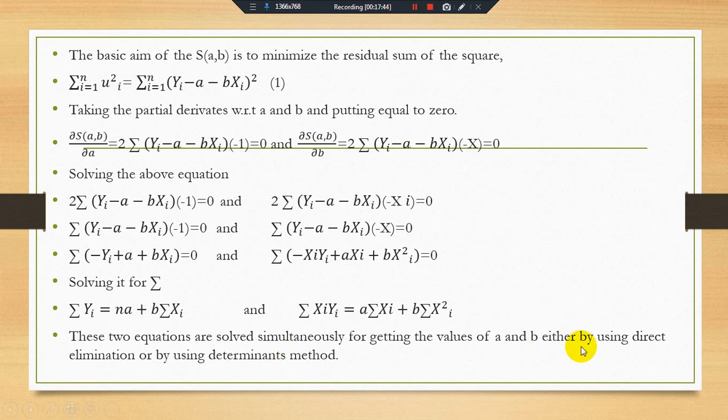In the direct elimination method, we have to subtract this equation from this, or this equation from this, and then we get the alpha and beta values from this method. In the determinants method, we have to use matrix algebra for getting the values of a and b, because our target is to find the formula for a and b.